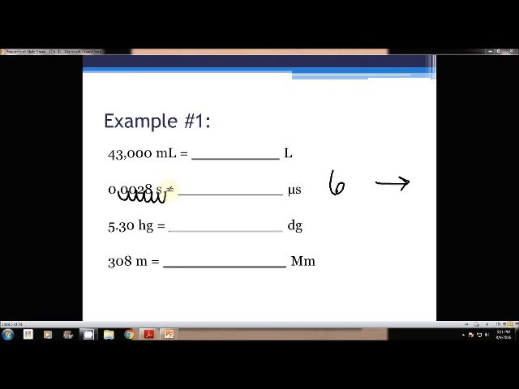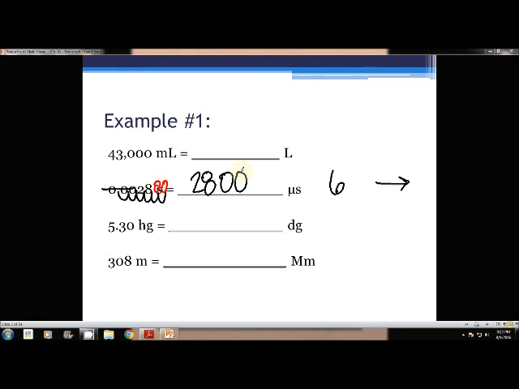Okay, so since I moved my decimal over, all the zeros don't matter in front anymore, to the left. So I have my 2 and I have an 8. Then I have 2 more spots that are empty. Well, like you learned back in math class, you fill zeros in those 2 spots. So we have 2,800 microseconds is equal to the 0.0028 seconds.